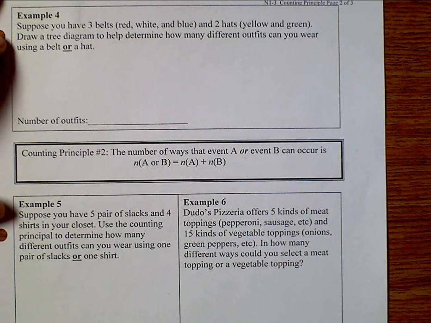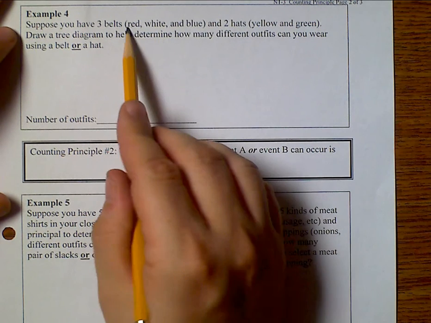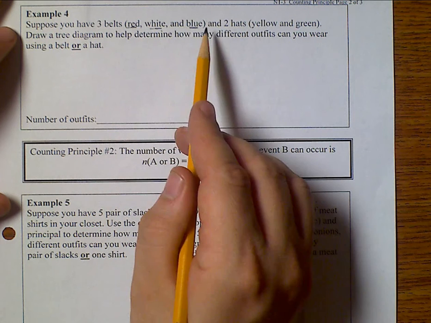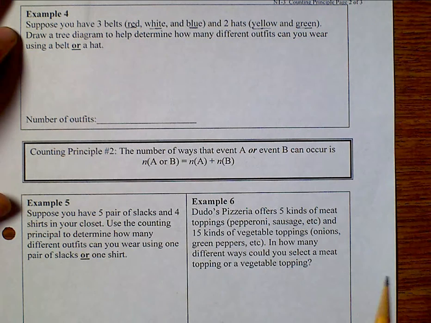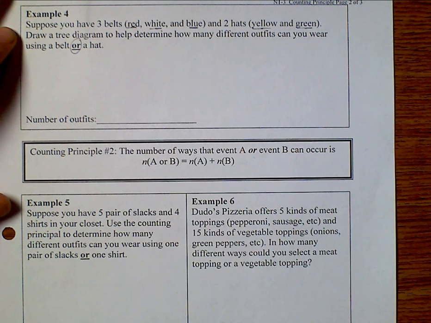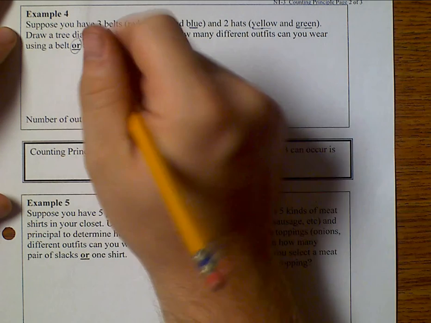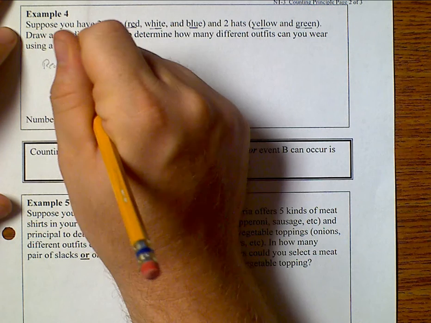One more example. We had 3 belts, red, white, and blue. 2 hats, yellow and green. And we want to know belt or a hat. Well, I can wear my red belt.